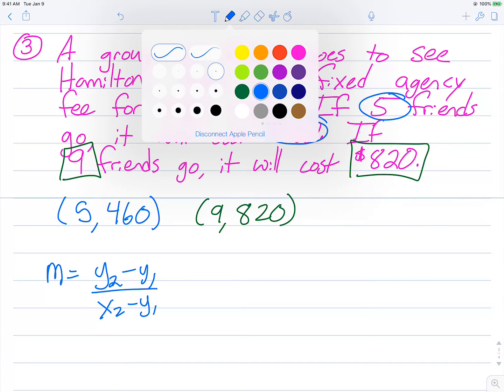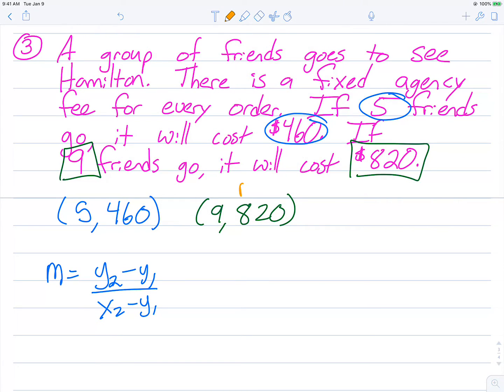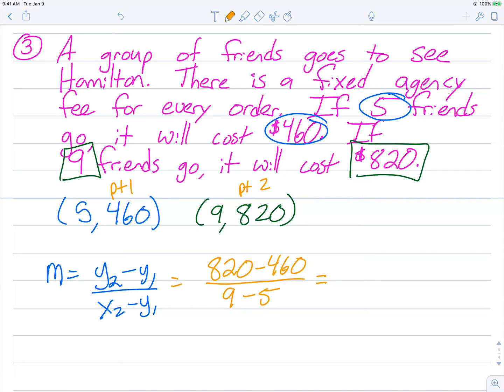So I'm going to do that exact same thing for this. I'm going to call this point 1, and point 2. So I'm going to do 820 minus 460, which is subtracting my y's, over 9 minus 5, which is subtracting my x's, and I am going to get 360 over 4, which is $90.